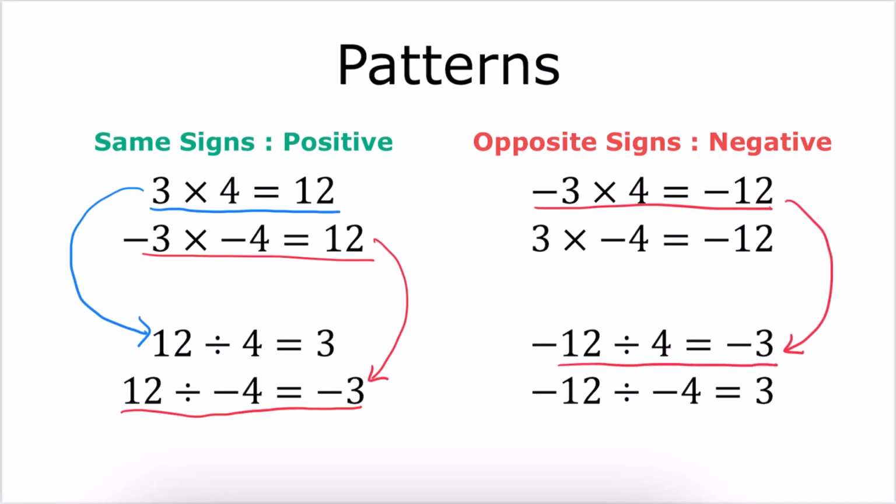And if we switch where the negative is and we say 3 times negative 4 equals negative 12, well, that means that negative 12 divided by negative 4 needs to equal 3, just because multiplication and division are inverses of each other.